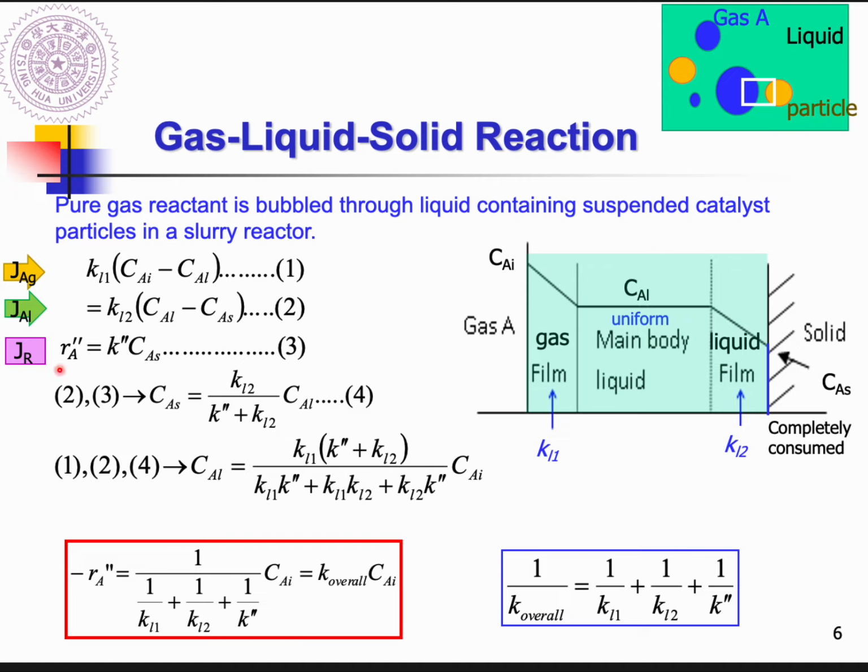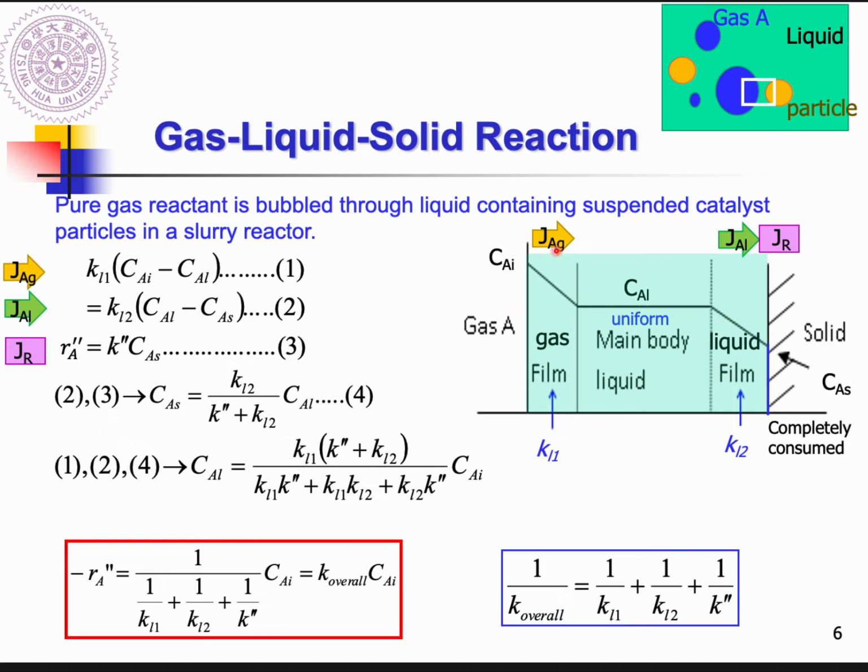So in the beginning, you will probably directly write down the consumption rate of reactant A equals the rate constant times CAS. This is quite easy to formulate. But the same idea, it's difficult to directly measure the concentration of reactant A on the surface. So we are going to use other tricks to substitute CAS in terms of CAI.